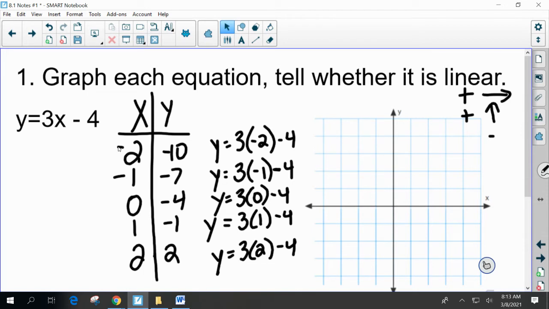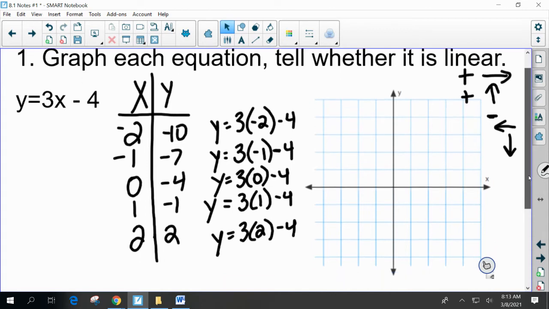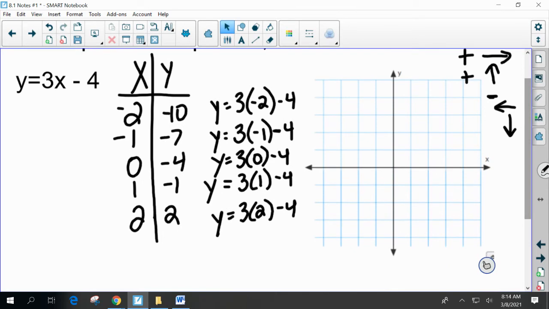If your number is negative, you are either going left or you're going down. So we go left, right first, and then up, down. The first one has -10. That one's going to be pretty far off of our graph because our graph only goes to 5. So we're going to skip that one for now.